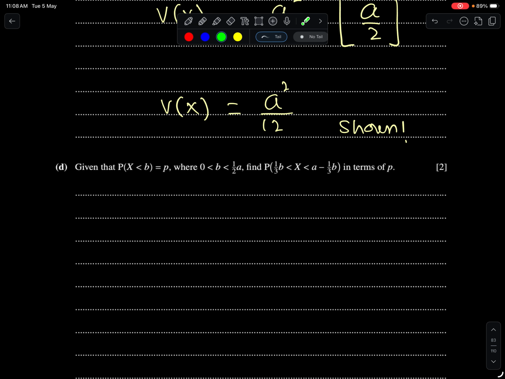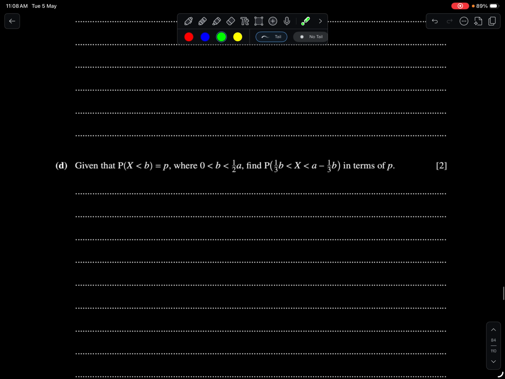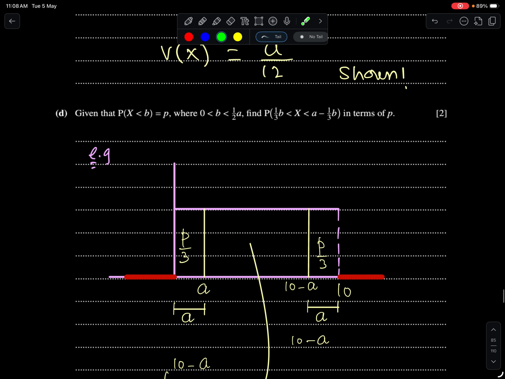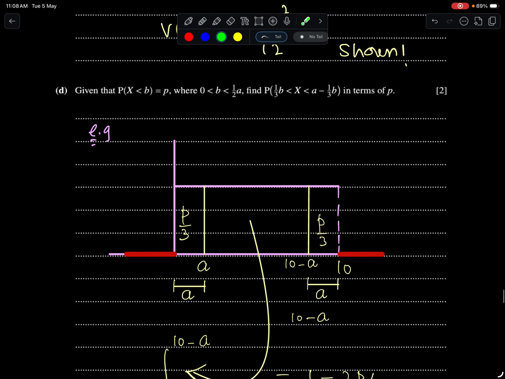Another important part. P(X less than b) is p. See, X less than b is p, and b lies between these two. This is a upon 2. And it says b is between these two. Now we need what?